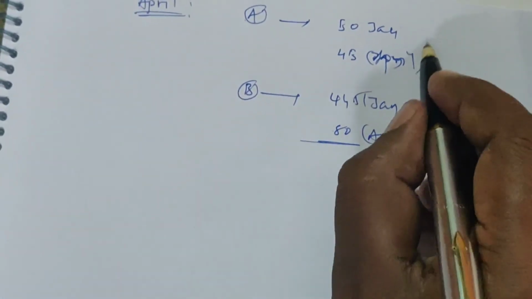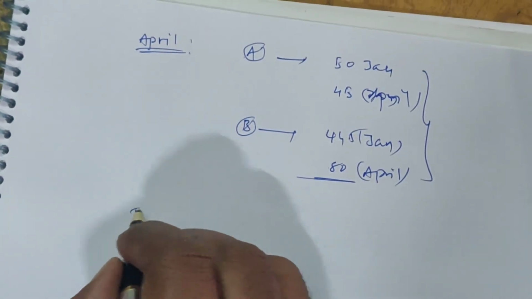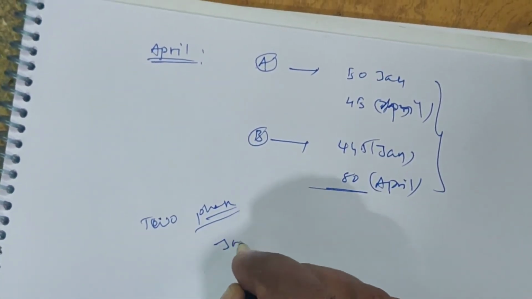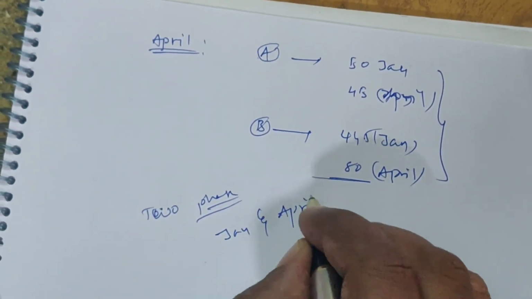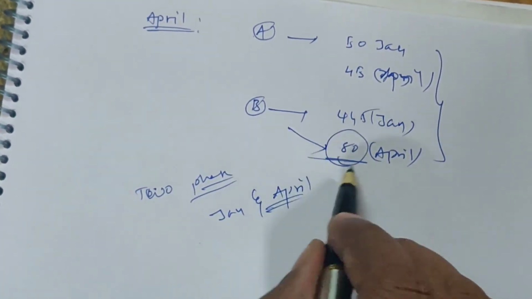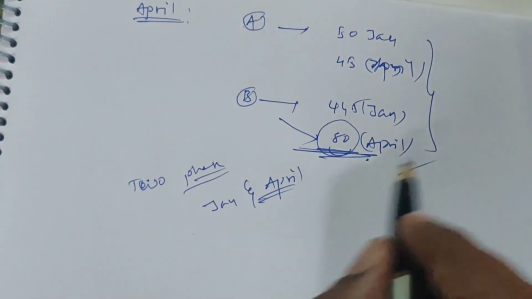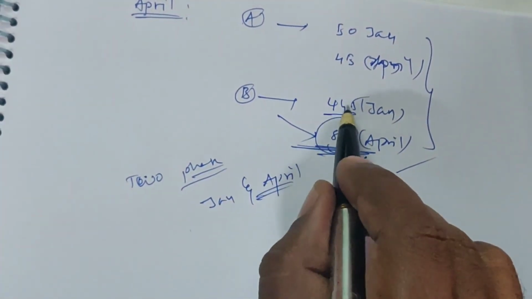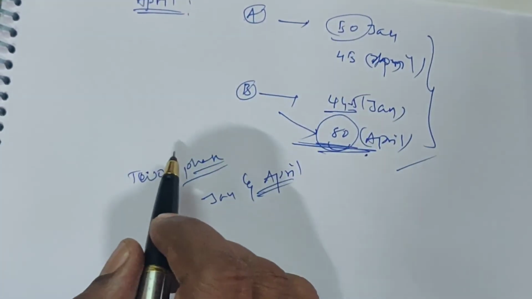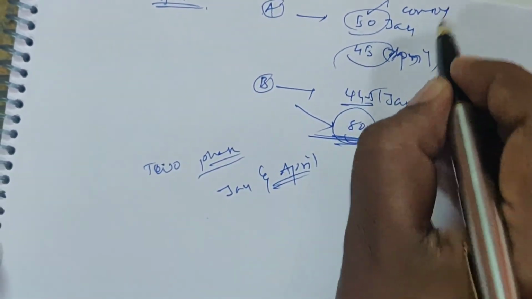Which one is considered out of the two phases? B got the highest, 80 percentile, in April, so that is considered, not the 44.5. Whichever is highest is considered. For A, 50 in January and 45 in April, so 50 is the considered percentile.